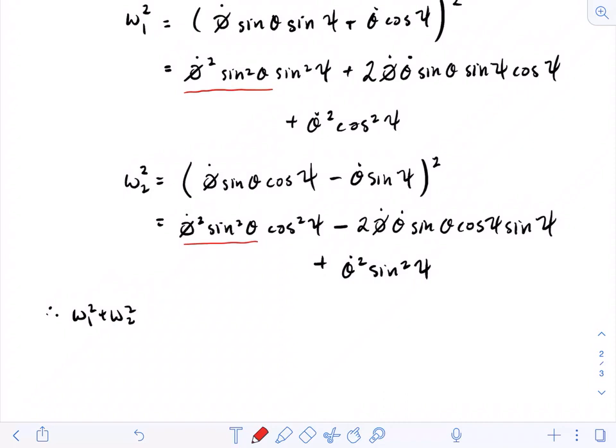And when we add those up, we'll end up with a sine squared plus cos squared, which is 1. And so from the red terms, when we add them up, we get phi dot squared sine squared theta.